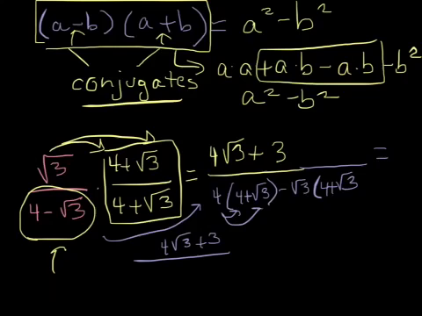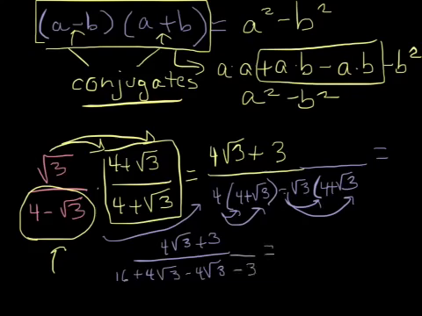I'm going to get 16 plus 4 radical 3 minus 4 radical 3, and then negative radical 3 times positive radical 3 will give us minus 3. And so finally putting it all together, I see that these two terms will be 0.